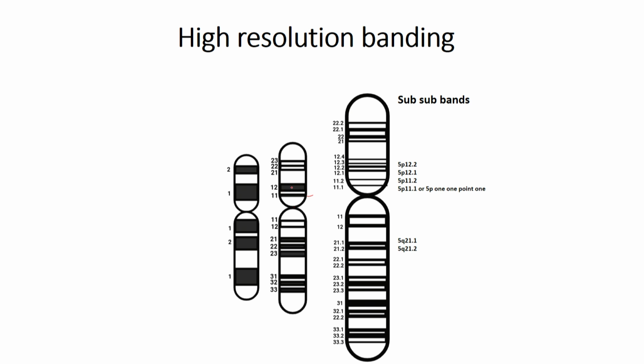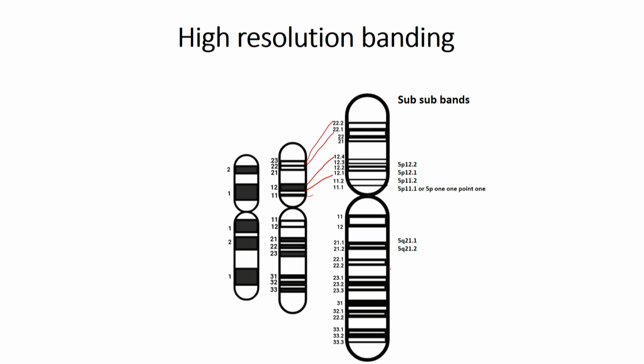Then 1, 2 has been subdivided into 12.1, 12.2, 12.3, 12.4. Means this thick band is subdivided into 4 bands. Then this 2 has again 2 bands. So this is 22.1, 22.2, like that.